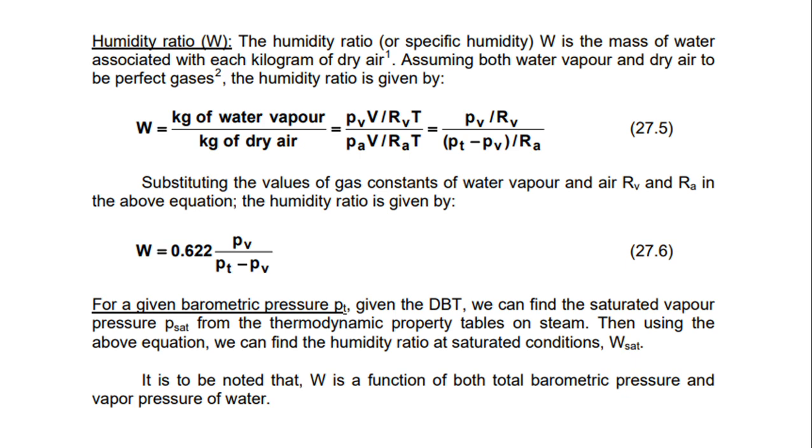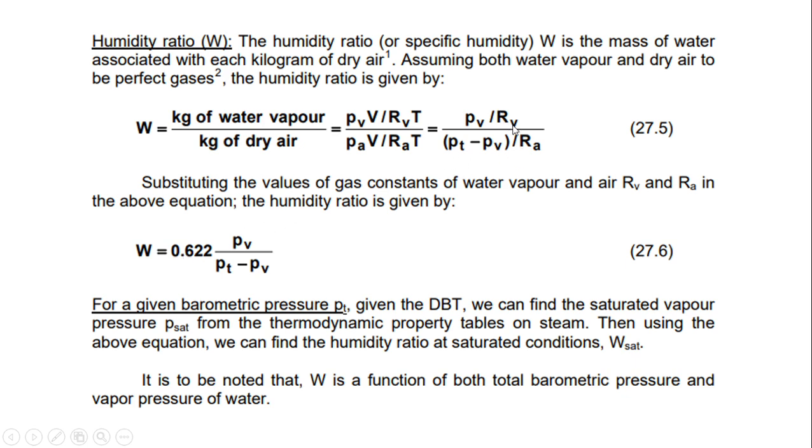Solving the equation for mv will be written as pv V equal to m R T equation. So for mv, partial pressure of water vapor, volume, water vapor gas constant, temperature. After solving this equation, we get pv by Rv divided by pt minus pv by Ra.